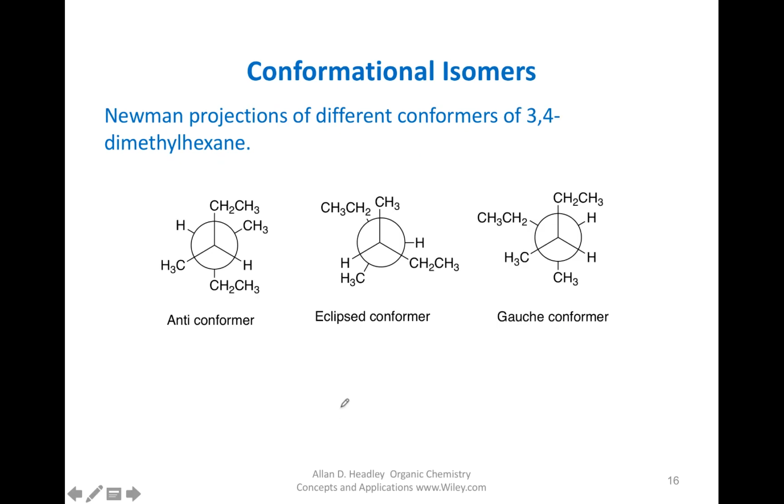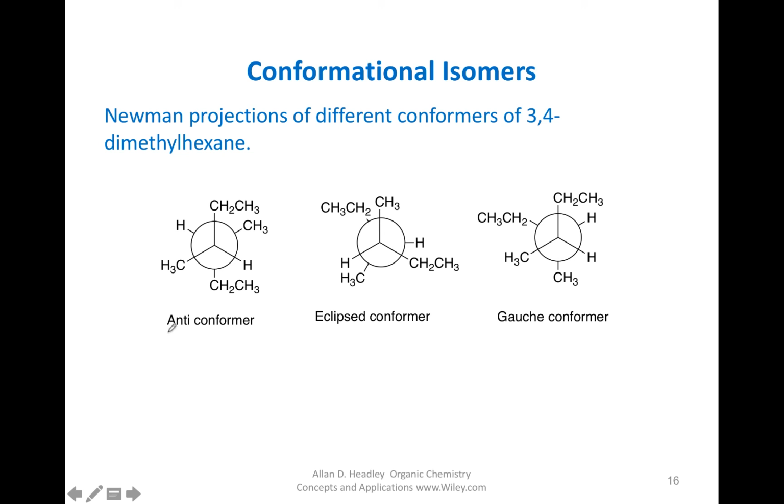Okay, let's see what's here. As a summary, we have conformers. Conformers are isomers that are achieved by rotation about the carbon-carbon single bond. By rotation, this is the same.